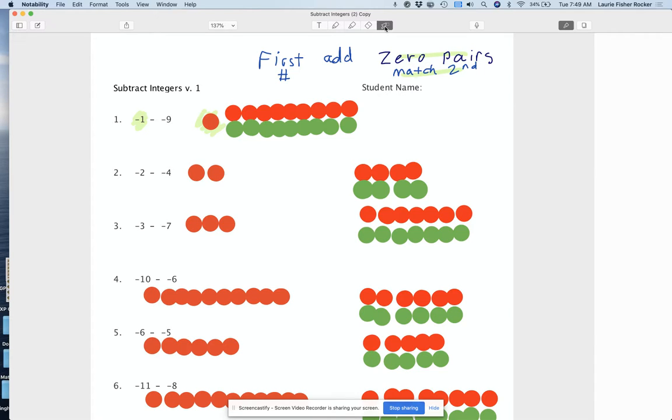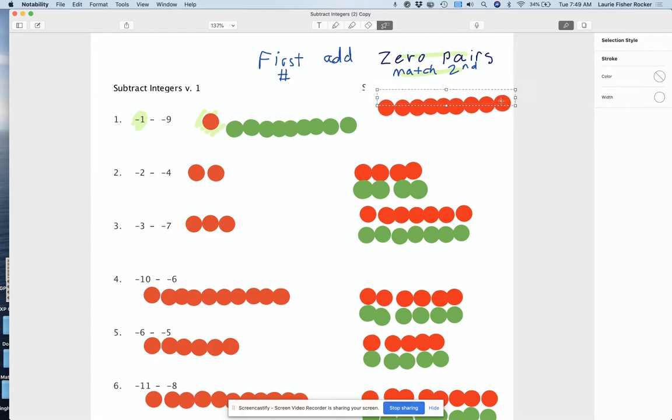Now I go back and do the math. I have -1, and I take away -9, so I'm going to take these away and throw them over there. Now what? Simplify.